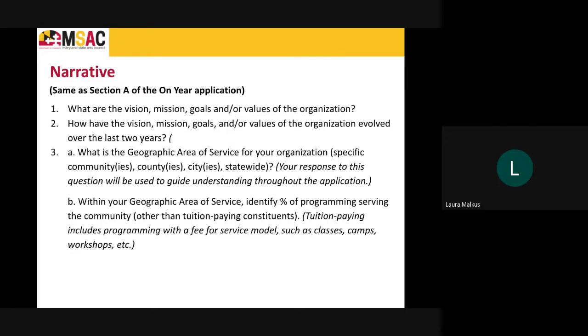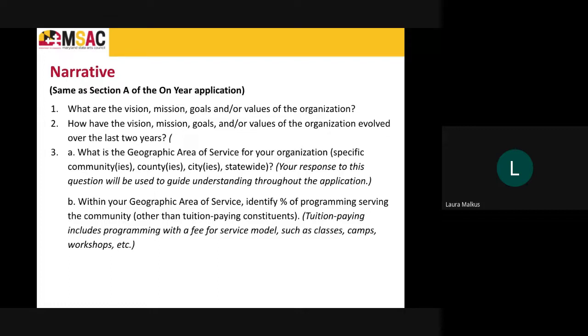I'm interested in the distinguishing between the tuition-based programming and not, in terms of what is community serving. I would just like to throw into the hopper that one thing we have found is that when we offer free programming without a fee, there is a very high no-show rate.